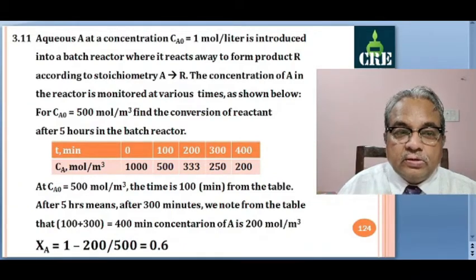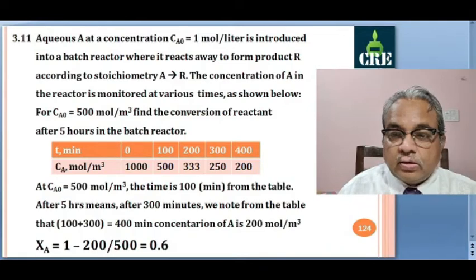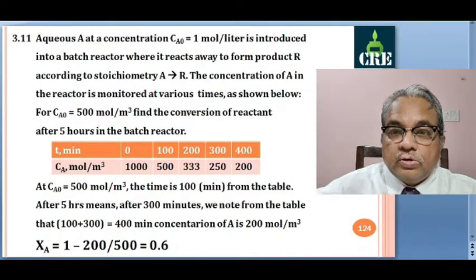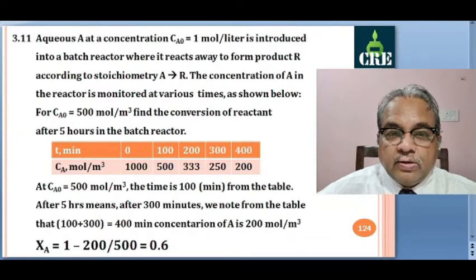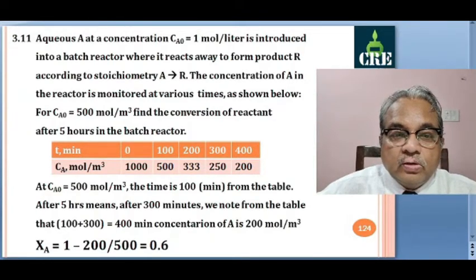Stoichiometry of the reaction is A gives R. The concentration of A in the reactor is monitored at various times and it is recorded. Time t is equal to 0, 100, 200, 300, 400. Concentration in moles per meter cube, it is 1000, 500, 333, 250 and 200.